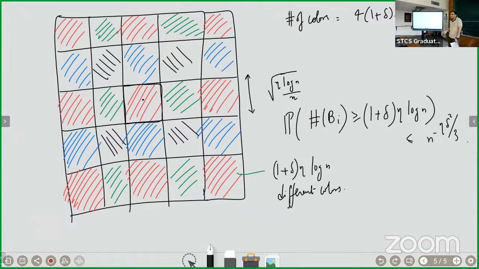But why do you insist that everybody should be connected? I could create smaller boxes possibly. All I care about is some order log n neighbors in some sense. But that can come from many other ways. It's just one way.